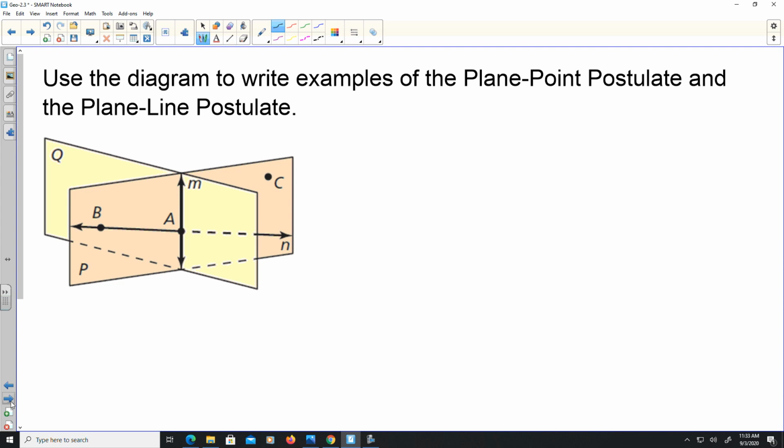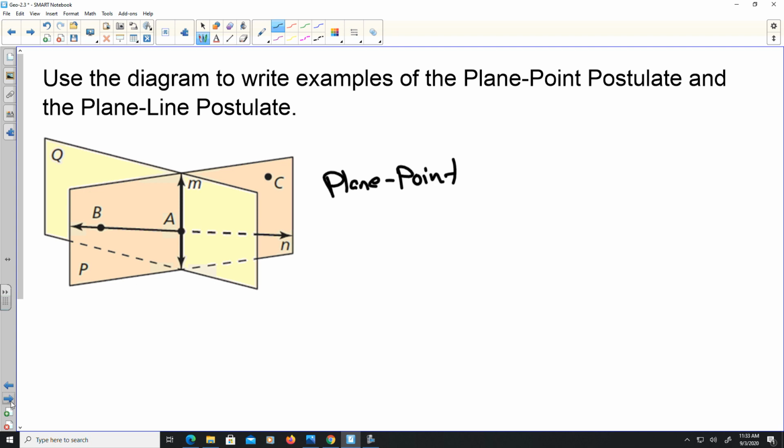Here it says use the diagram to write examples of the plane-point postulate and the plane-line postulate. So let's look at the plane-point one. The plane-point postulate says a plane contains at least three non-collinear points.